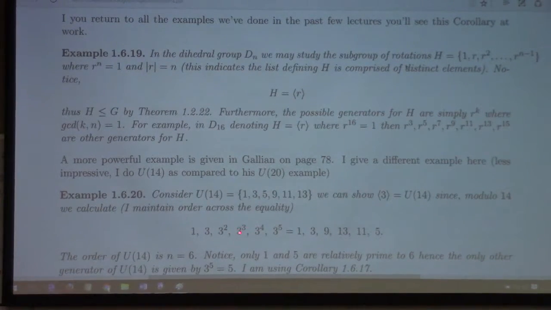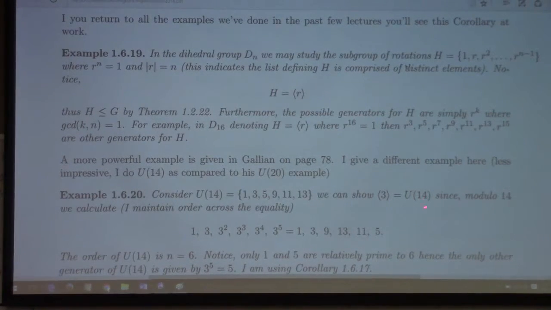Then 13 times 3 is 39, less 28 is 11. And then 11 times 3 is 33, less 28 is 5. That's how I think of it anyway. As you can see, that's the whole thing.